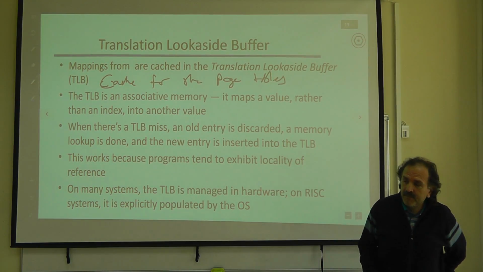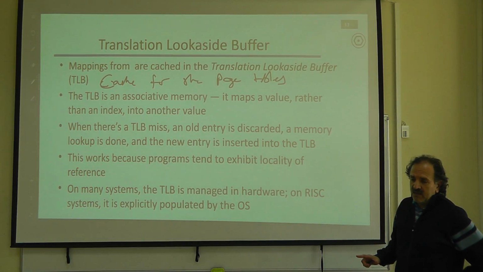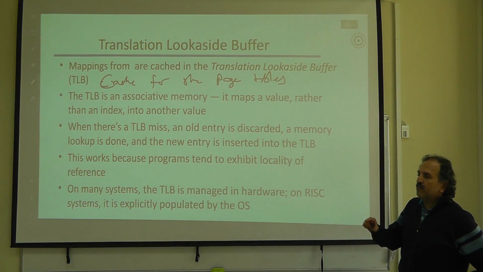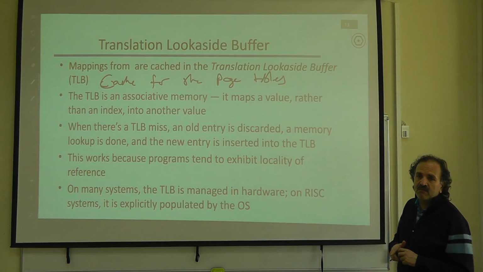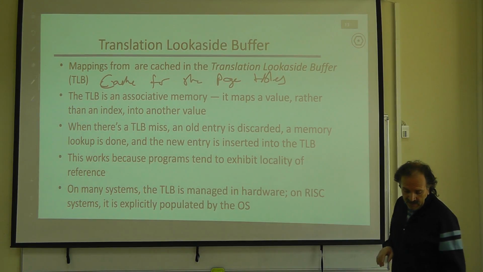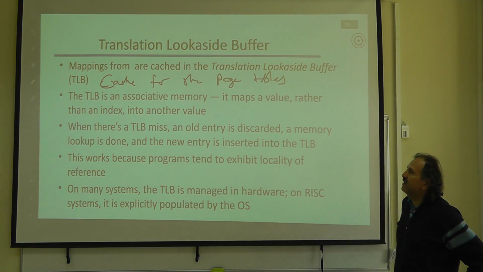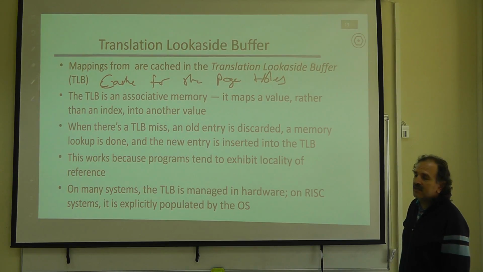In a way, I keep the most frequently used table entries inside this TLB, which is very fast because it lives on the MMU. It is very fast, but it's small. It's like the cache, right? It is small but fast.